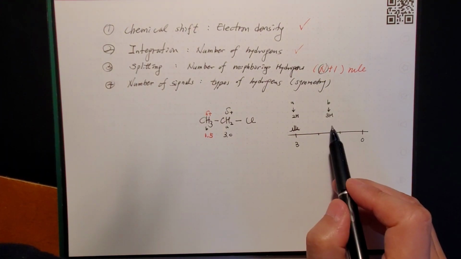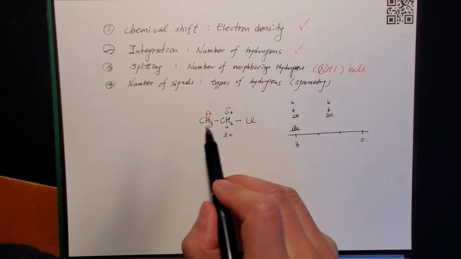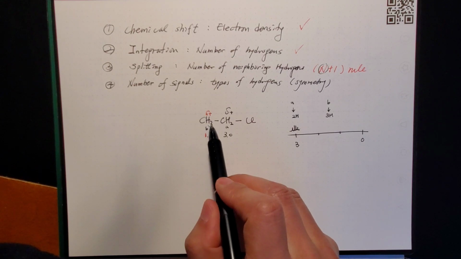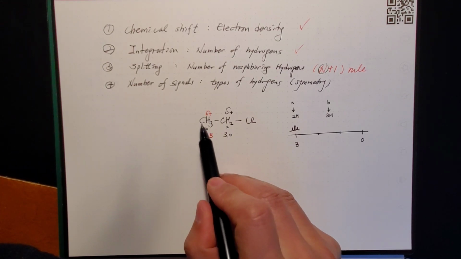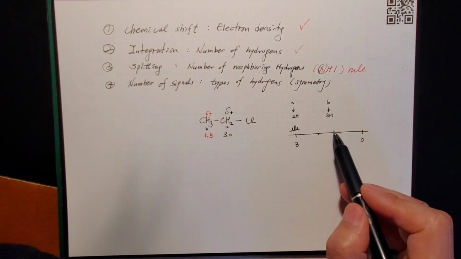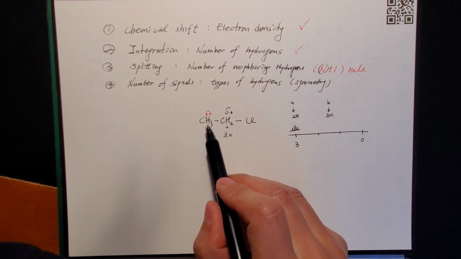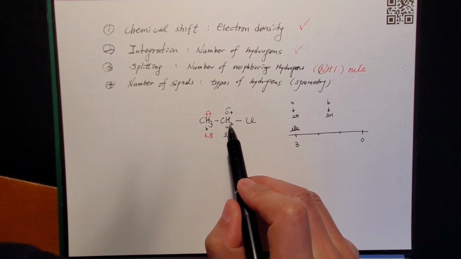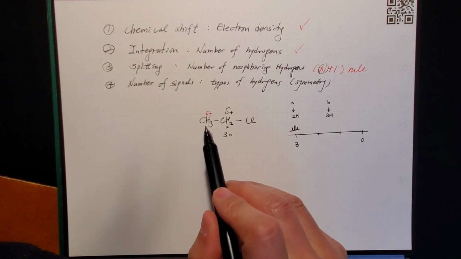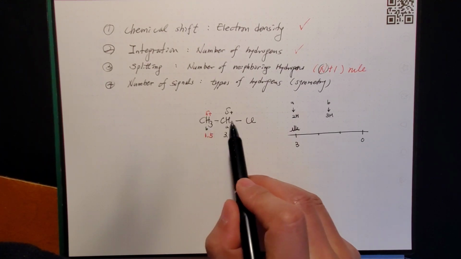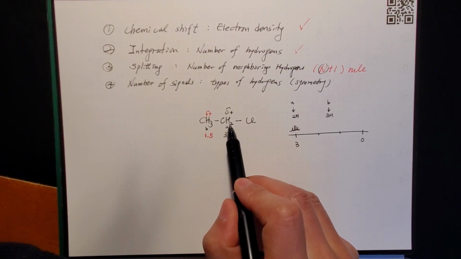Then for B hydrogen, those 3 hydrogens have a certain electron density more than A. That's why those hydrogens show signal here, but it has 2 neighbors, so 2 plus 1, this has 3 different energy states caused by the 2 neighbors.